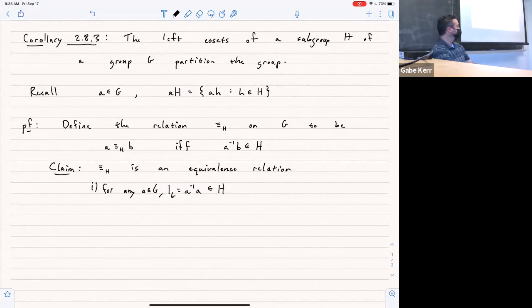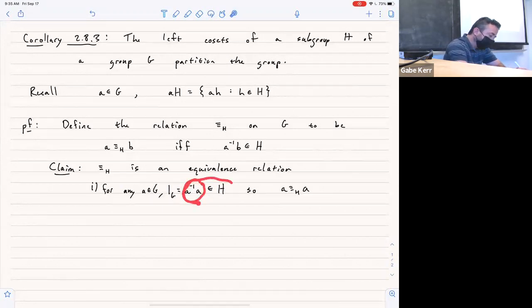One, the identity, is an element of H. So A is congruent to A: if I put B as A in the condition, it says A is equivalent to A by the definition. This establishes that it's reflexive.